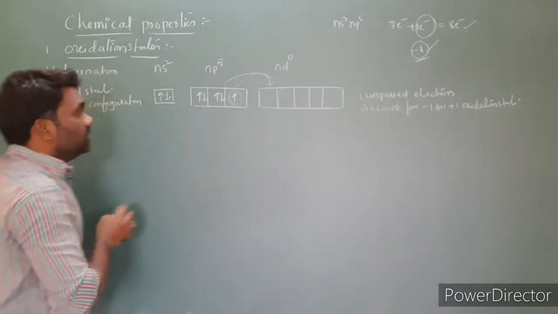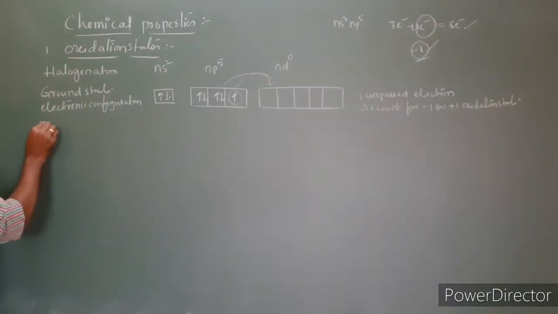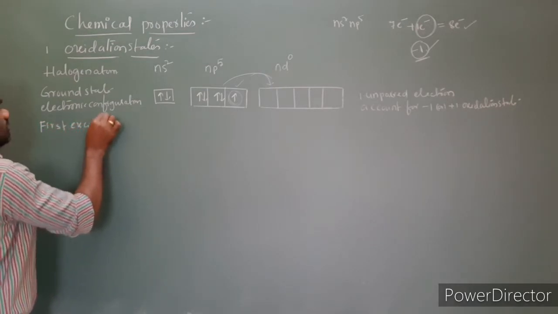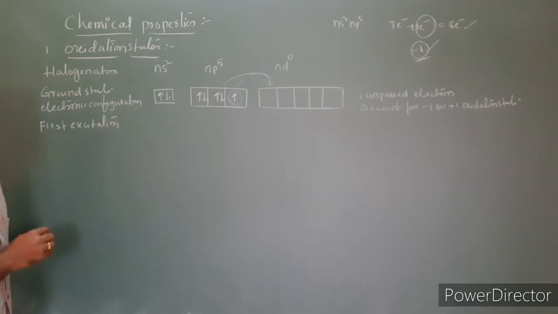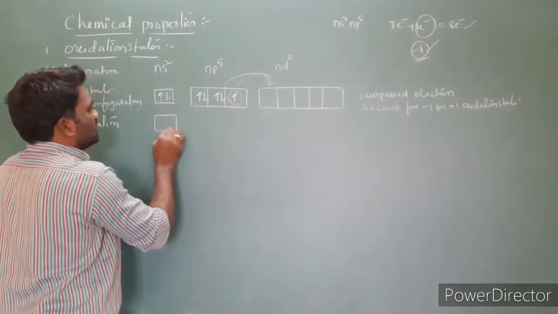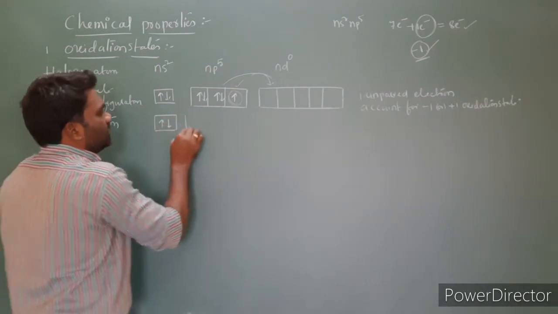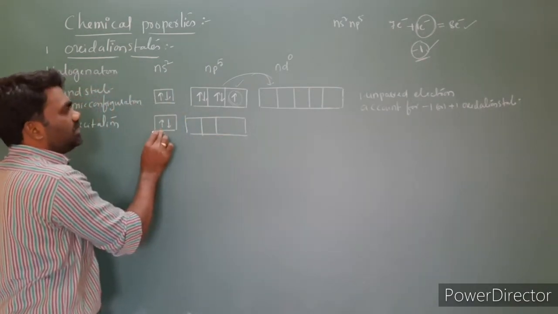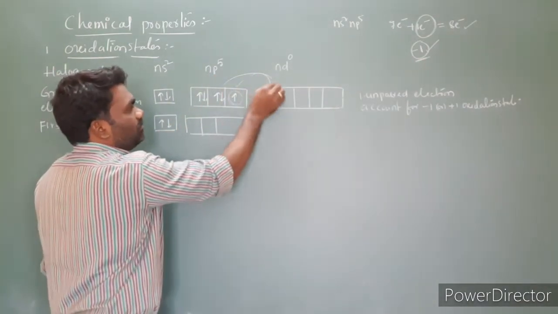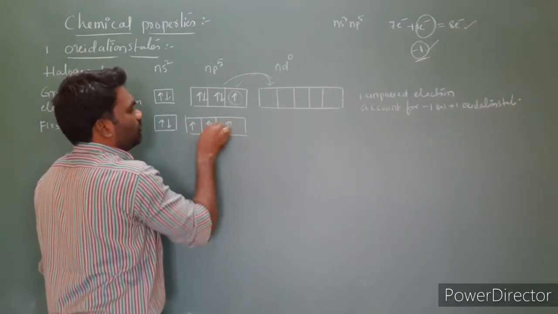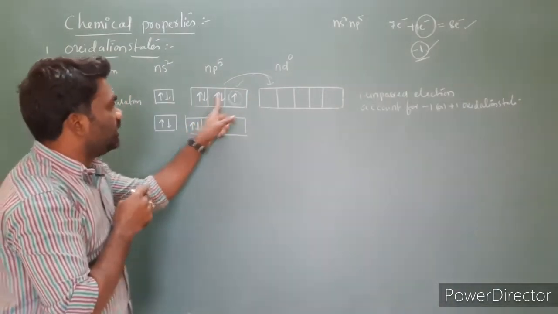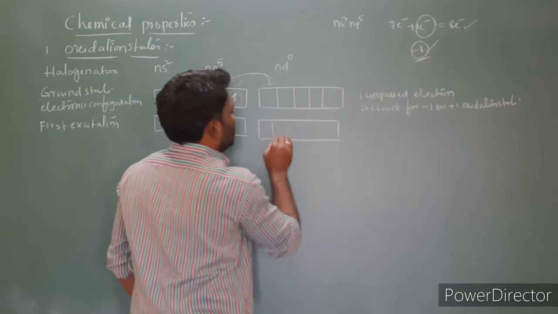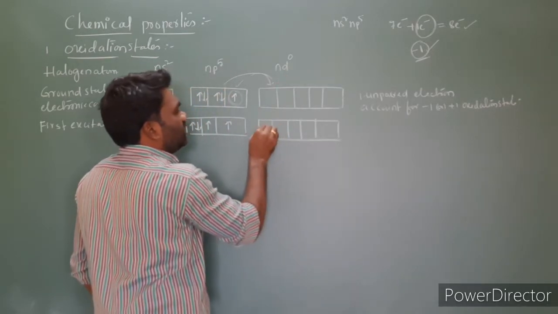In the first excitation, the ns electrons remain the same. In the np orbital, one electron is jumping here, so the remaining number of electrons is 4 only, 1, 2, 3, 4. As a result, nd0 becomes nd1.